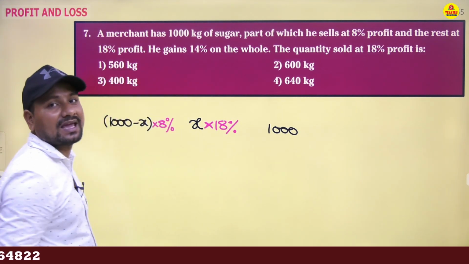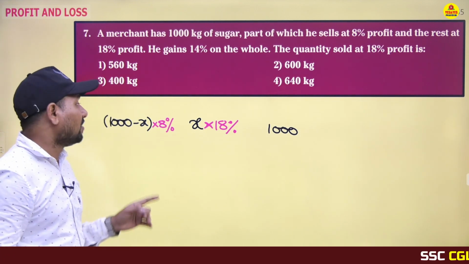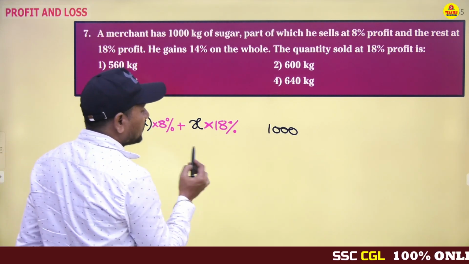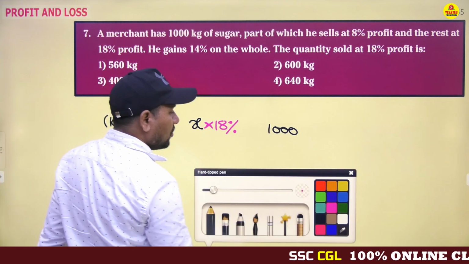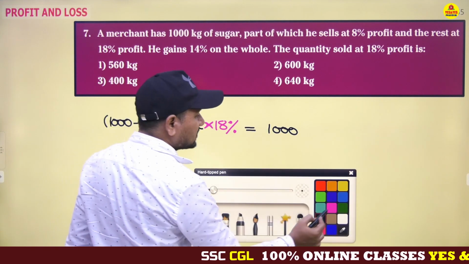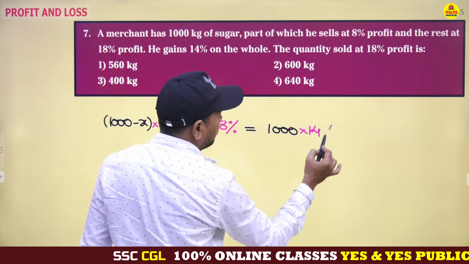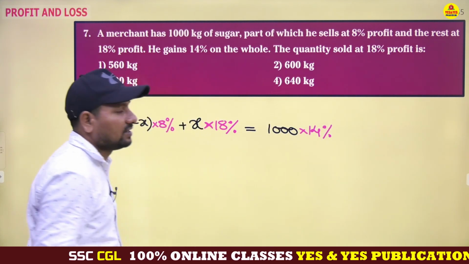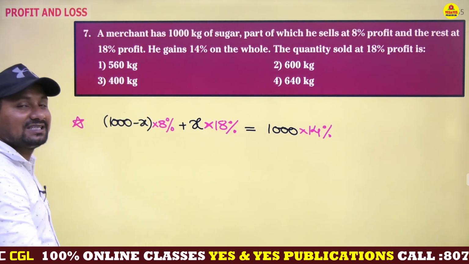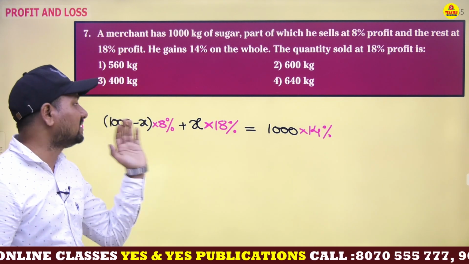If this is X, the first part becomes 1000 minus X. Then the whole 1000 kgs is sold at how much percentage profit? 14% profit. This is equation based. If you want to solve the question in the equation method, you can apply this case.